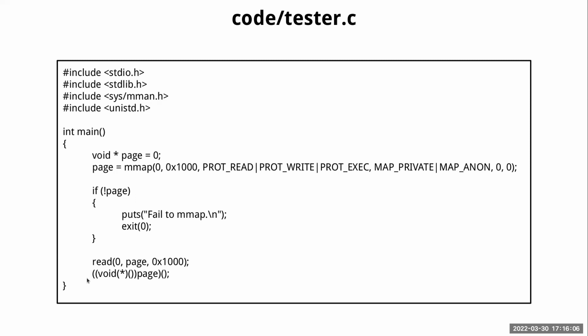So if you are not familiar with this syntax here, this is C. I can explain a little bit what's going on here. So you can say void star. What is this? Anyone know what this is?